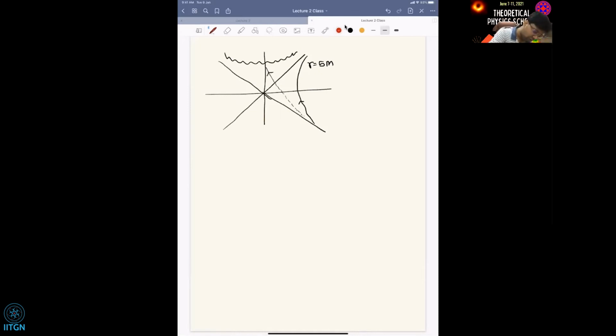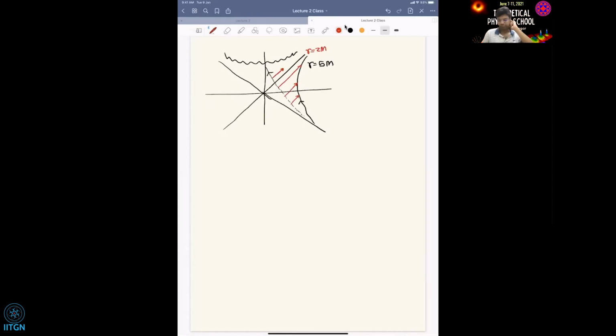It communicates by sending light rays, and in the Kruskal diagram radial light rays are 45-degree lines. But once inside, if they send a light ray, it will never reach the outside static observer, because light rays must be 45-degree lines parallel to the v equal to 0 or u equal to 0 line. This is r equal to 2m.